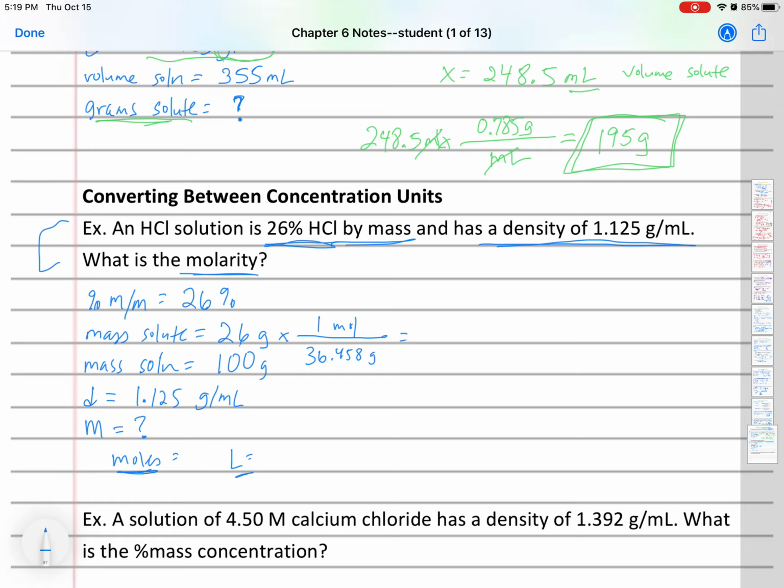So 26 divided by 36.458 is 0.71315 moles. I'm carrying out extra figures because I'm not done yet. So I don't want to round it until I get to the end of the problem. So I want to use extra sig figs throughout my calculations. Okay, so now I've figured out how many moles. That's useful.